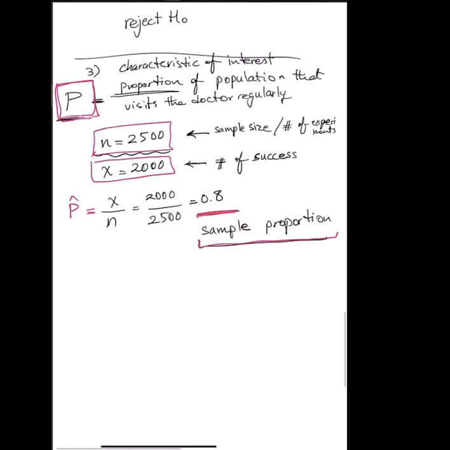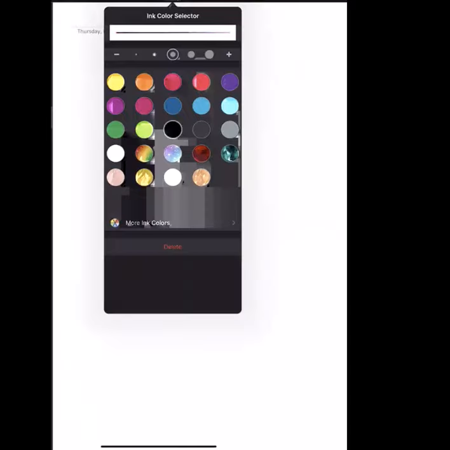It's the same as the S, right? Can you repeat one more time? P with the hat is the same as the S? No, it's not S. S is the standard deviation. S measures variability around the mean.